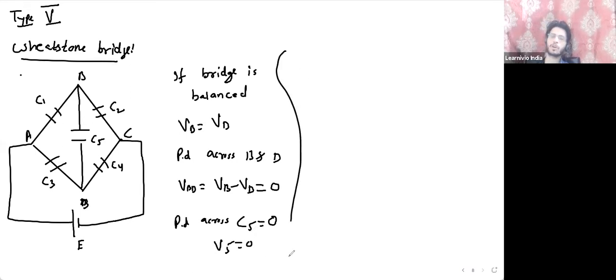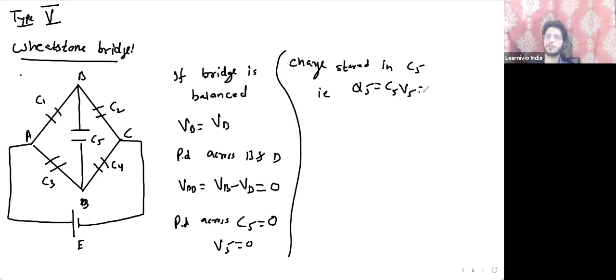If potential drop across C5 is 0, then charge stored in C5 is 0. Charge stored in C5, that is Q5, which is C5 V5, is 0. So I'm repeating again.